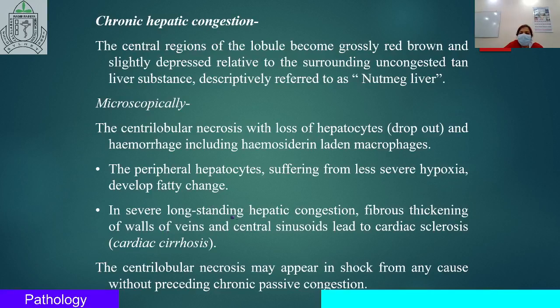In severe long-standing hepatic congestion, there is fibrotic thickening of the wall of the vein and central sinusoids. When the wall of the vein becomes thickened, the consistency is increased, which leads to cardiac sclerosis, which is known as cardiac cirrhosis.